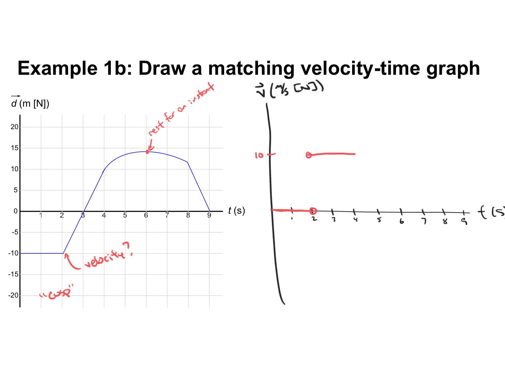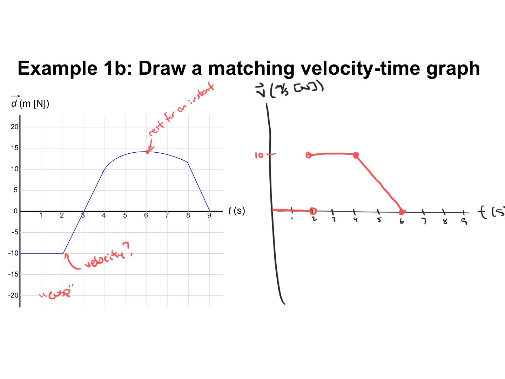Okay, at rest means you have a velocity of 0. So I'm going to put a mark at 0 at the 6 second mark. And I need to get from the 10 meters per second down to 0 meters per second, so I'm simply going to connect it with a straight line there. That represents slowing down. It slows down from 10 to 0 meters per second.